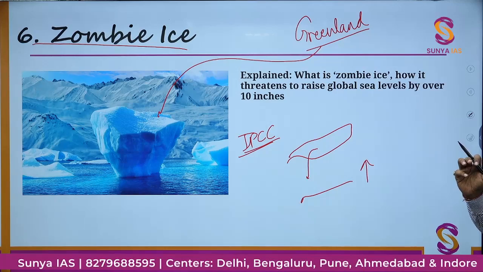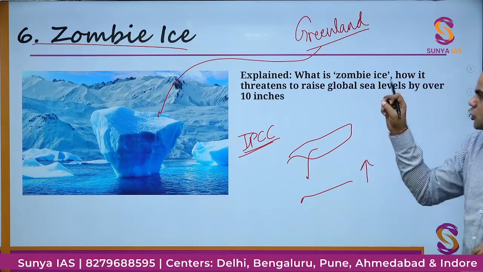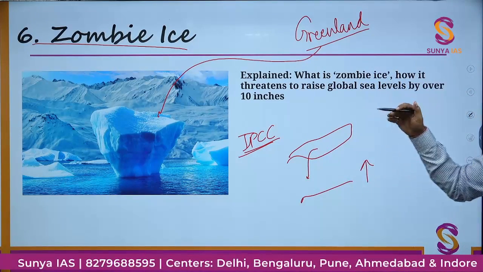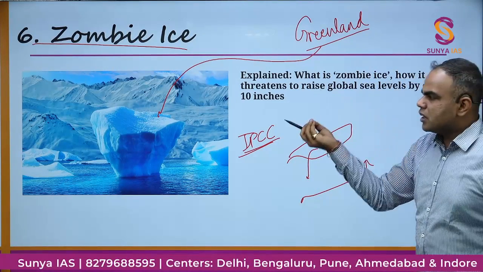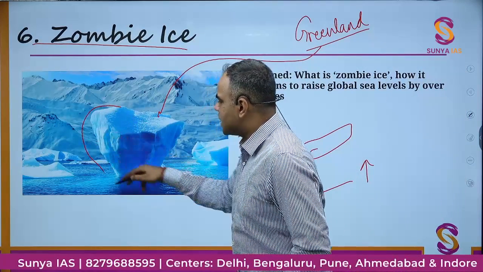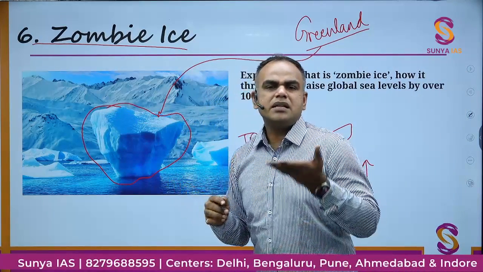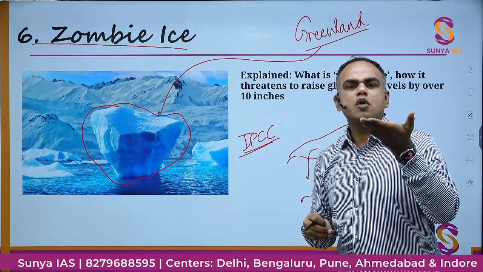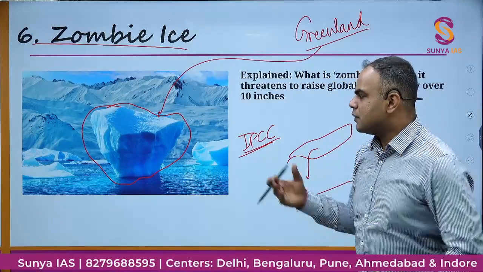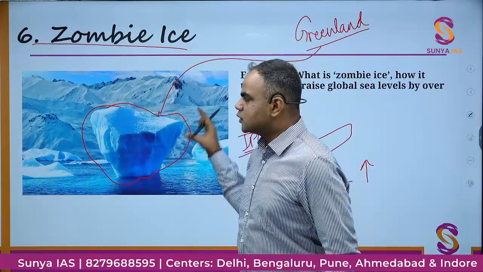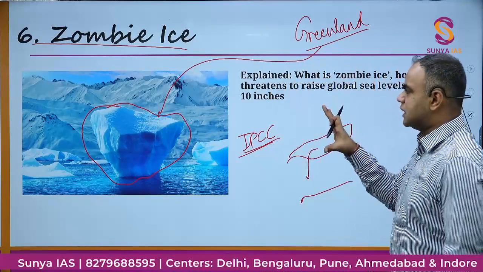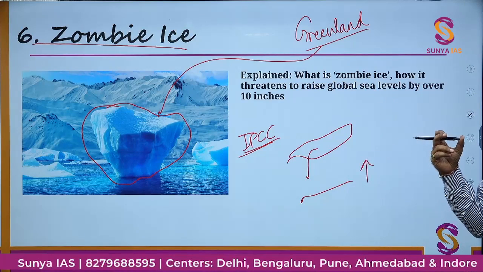Now the second thing here is the issue related to zombie ice. Let's say you have this ice sheet, and here this is the part which is getting melted, and it does not have fresh snow coming on top of it. So basically, on the ice sheet you have this zombie ice, and this zombie ice is leading to extra melting of the ice sheet. This was in the news, so we need to know about this.